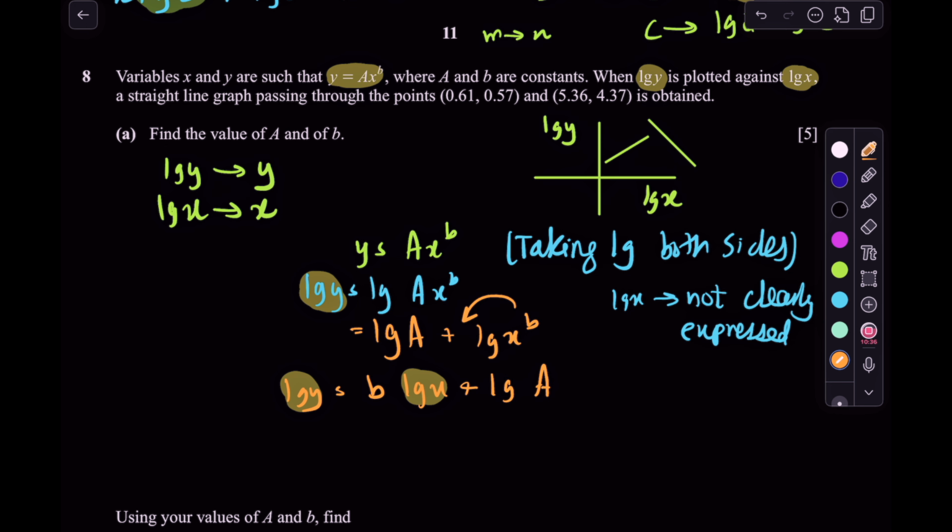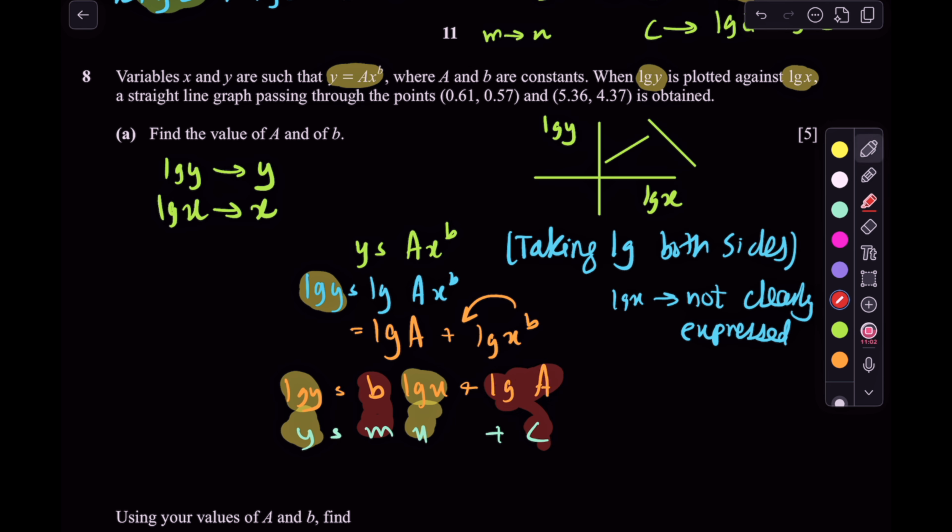Now I can compare it with my equation of straight line, which is y is equal to mx plus c. So y becomes my lg y and my x becomes my lg x. And so what does my gradient become? It becomes constant b, and my y-intercept becomes lg a.